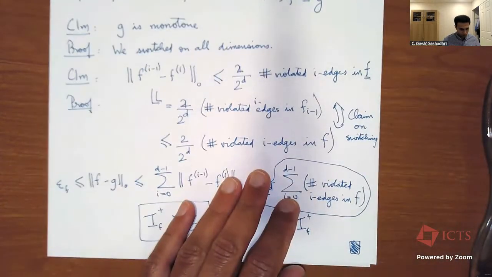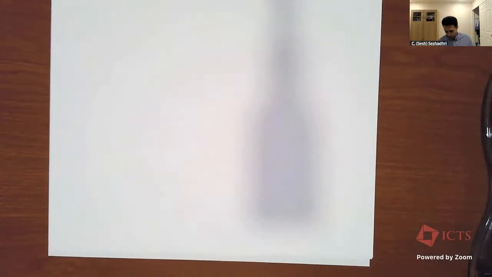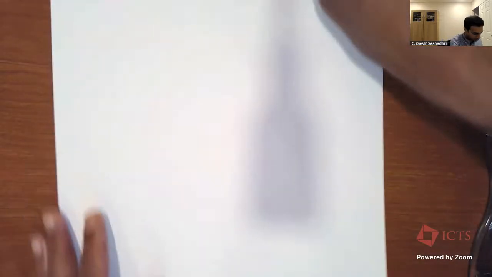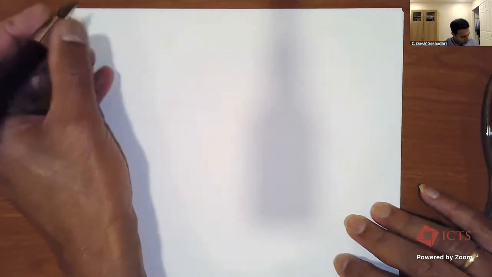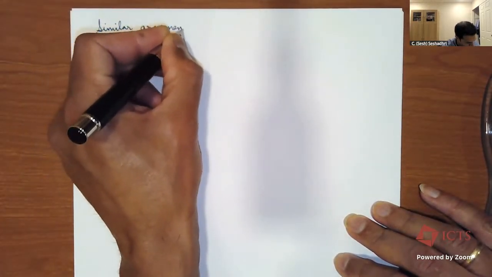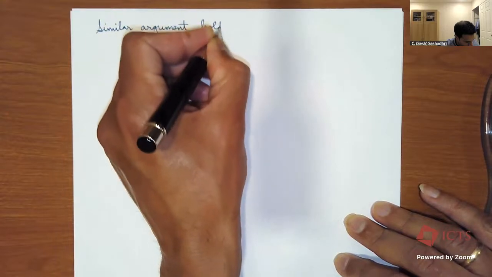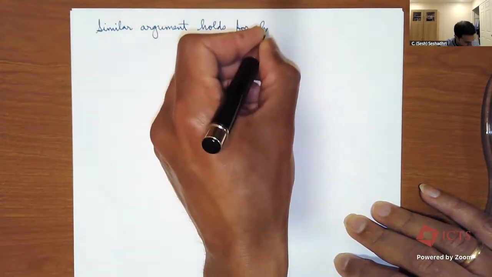Now, what I'm going to show over here, I'll try to work it out in as much gory detail as possible. So I'll make a comment about hypergrids over here. Essentially, a similar argument holds for hypergrids.